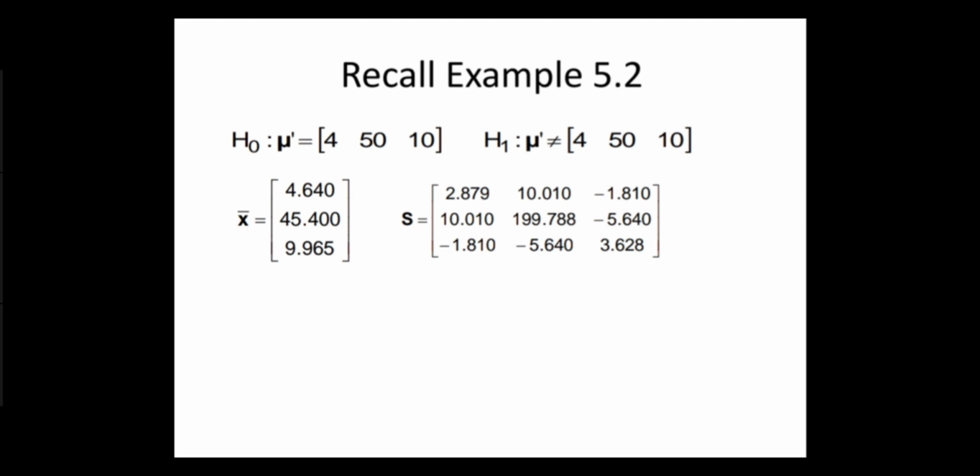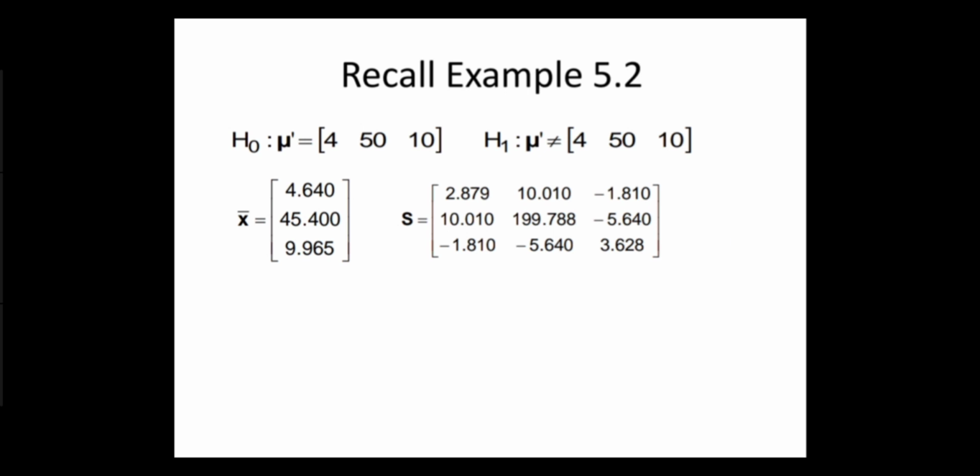From there, actually, the H0 is that we need to test the mean vector is 4, 50 and 10, and H1 is that the transpose of the mean vector is not equal to 4, 50 and 10. And then given the matrix of x bar is given there, and also the variance covariance matrix.